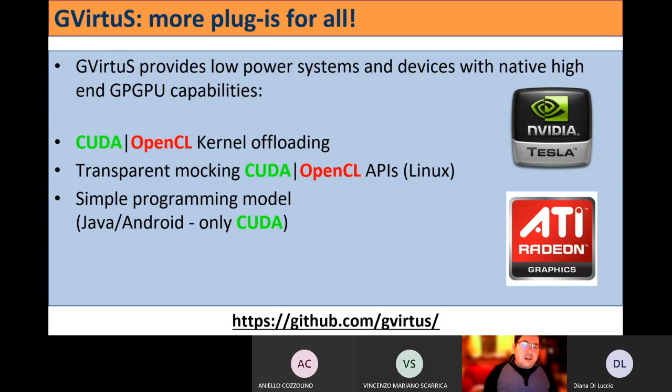There is even a really simple programming model for Java and Android, but only for CUDA. It was not implemented for OpenCL, but it could be something in the future.